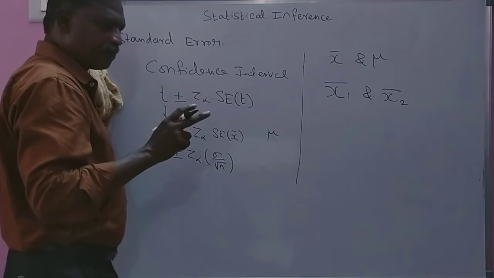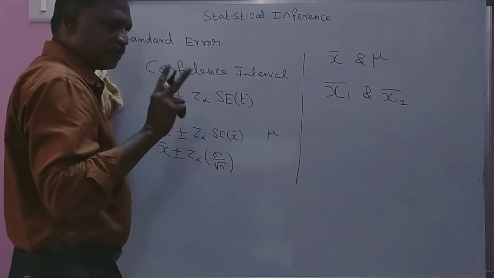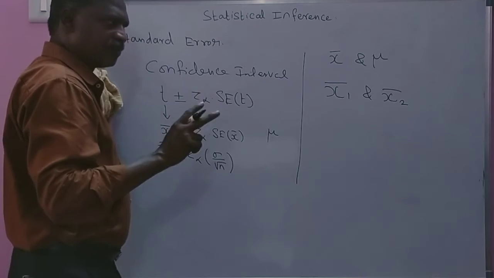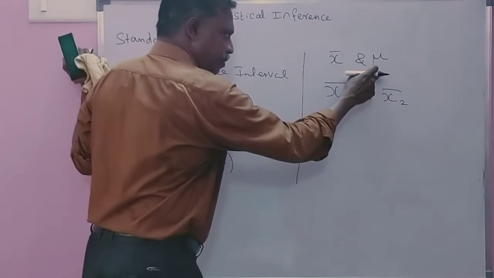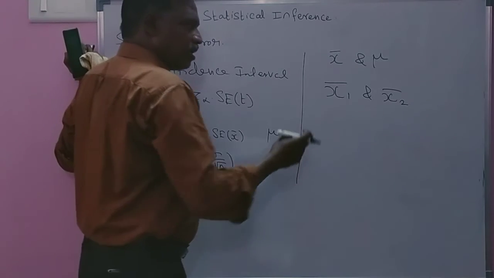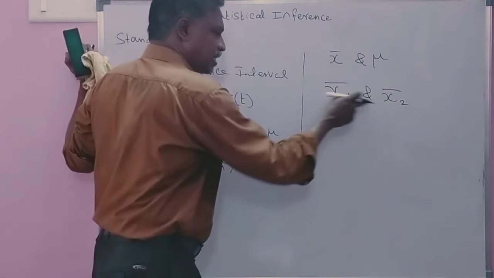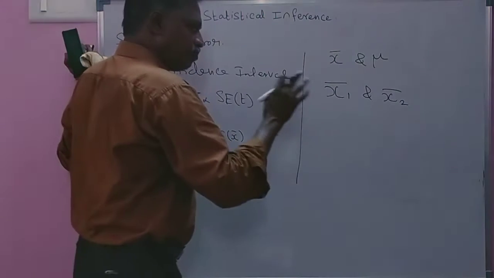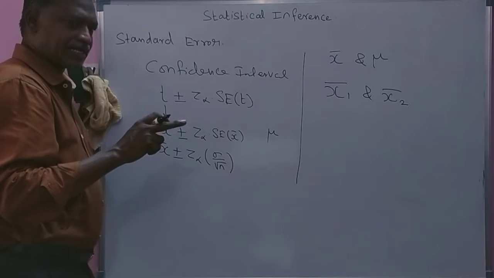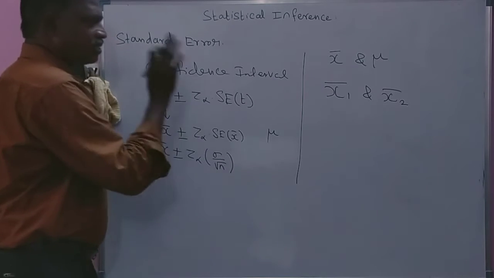So in testing of hypothesis, we majorly use two types: the significant difference between a sample statistic and a population parameter, and the difference between two sample statistics, both tested using the test statistic. In the test statistic, the standard error plays the vital role.